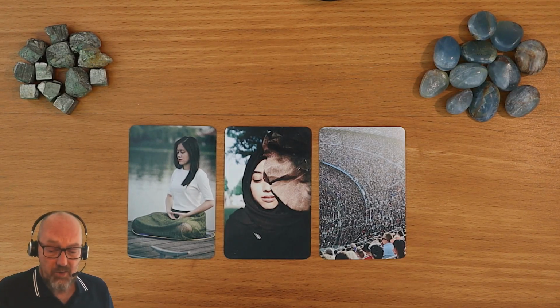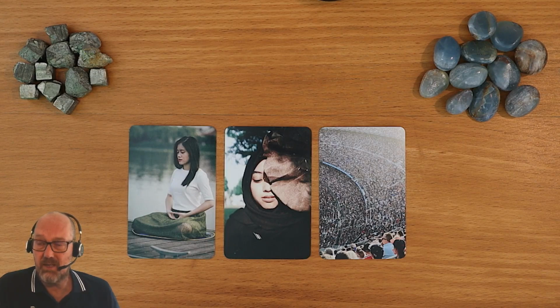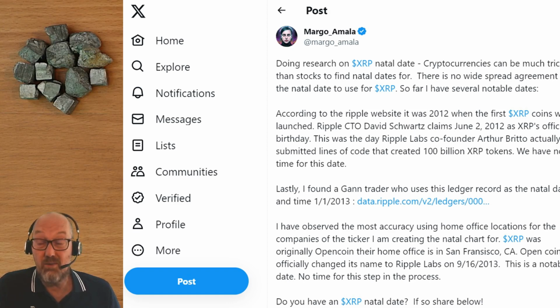I can actually give you a good example. I'm not making this stuff up. I can give you a good example of someone on Twitter, Margot Amala, who is, I think, someone who knows what she's doing. And she had a question about XRP. She had various candidate dates, so to speak, for a birth chart of XRP. And she said, hey guys, can you help me? Which date looks best to you?